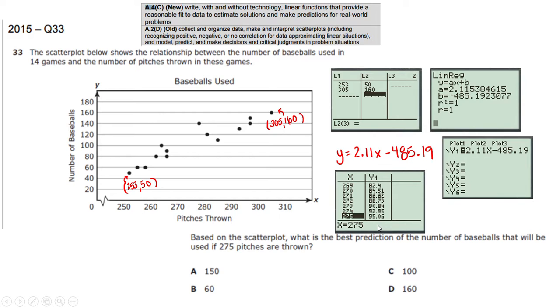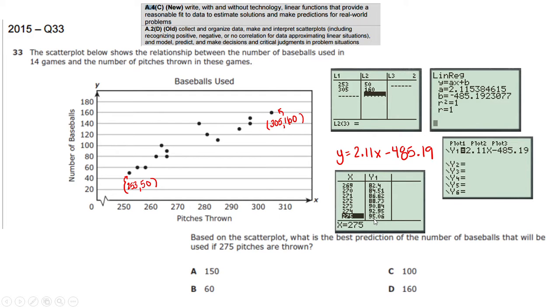Or if you're using a TI-84, you can do second plus, I believe, and then type in 275, and it'll take you straight to it. But the calculator I'm using for these examples is a TI-83, and I have to scroll all the way down to 275. Now, it just takes a little bit of time, but that would give you your answer.